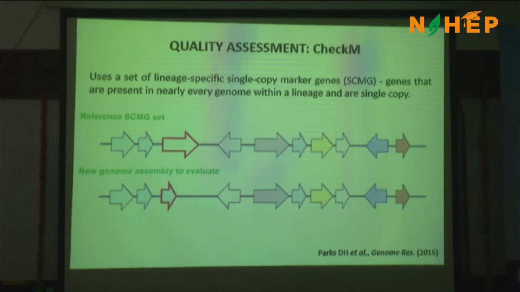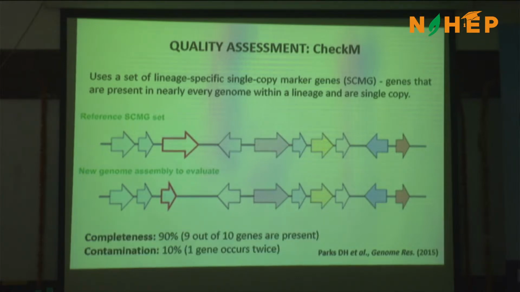But here I bring you an example. This is the reference, with 10 genes. And this is the new genome, the bin that we have generated using our programs, with 10 single copy marker genes. When we look at our new genome, we see that one of the genes is missing, and this one is repeated.